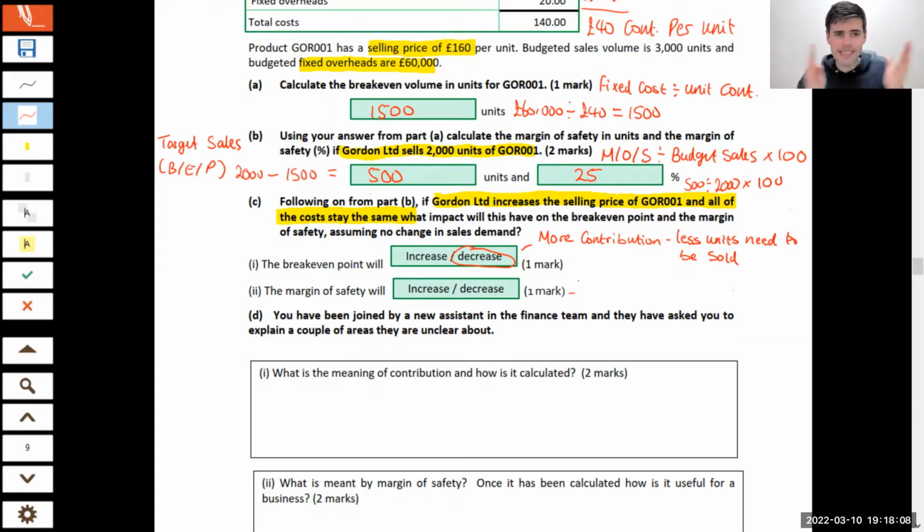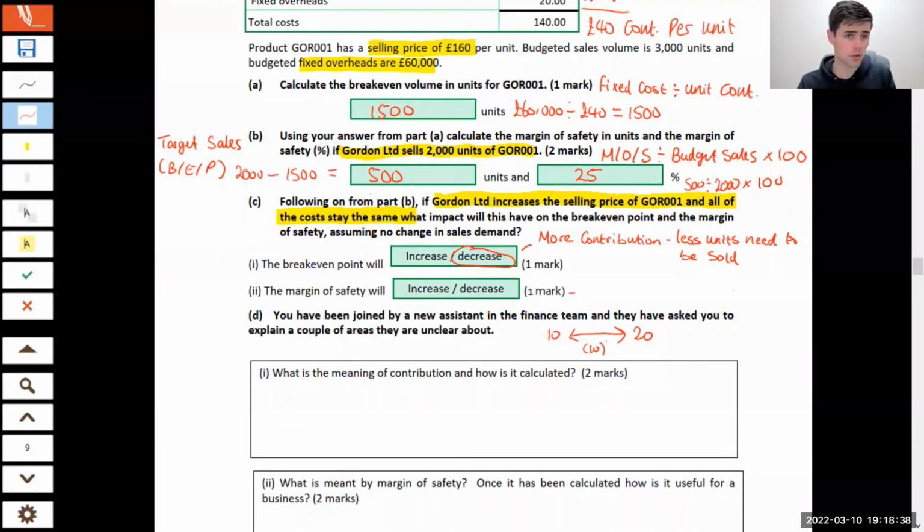I've said that I can cover my costs quicker, so I need to sell less units. So let's say in the example that I've just spat out of nowhere, my break-even point I worked out as 10 units, and my targeted sales are 20 units. My margin of safety is obviously the difference between the two, so I've got a margin of safety of 10 units.